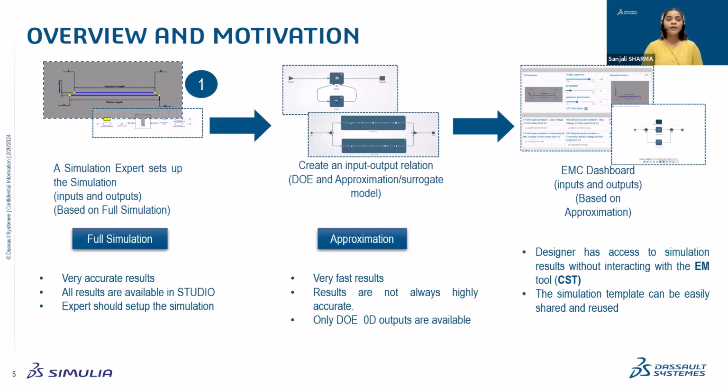But for now, let's just remember that the first step is to create a CST full simulation, then to use the data of the CST simulation to create an input output relation and create the surrogate model. Then on the basis of that, we can create an approximation which we can use in our EMC dashboard.